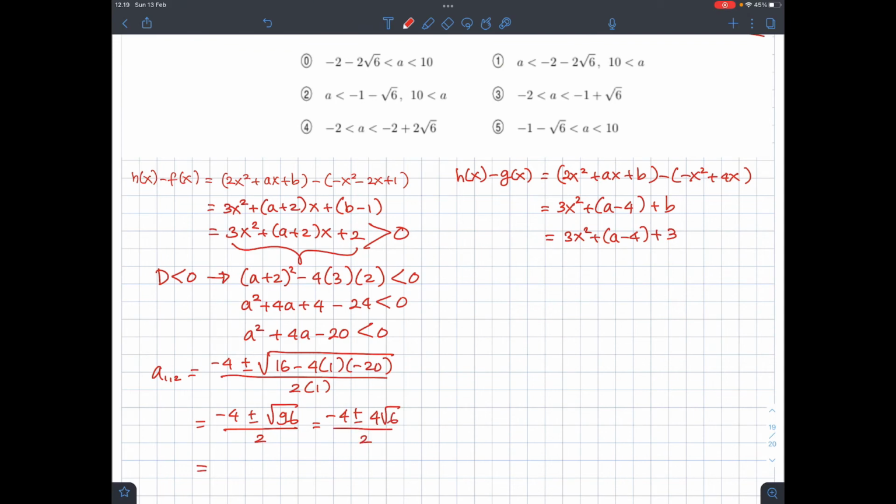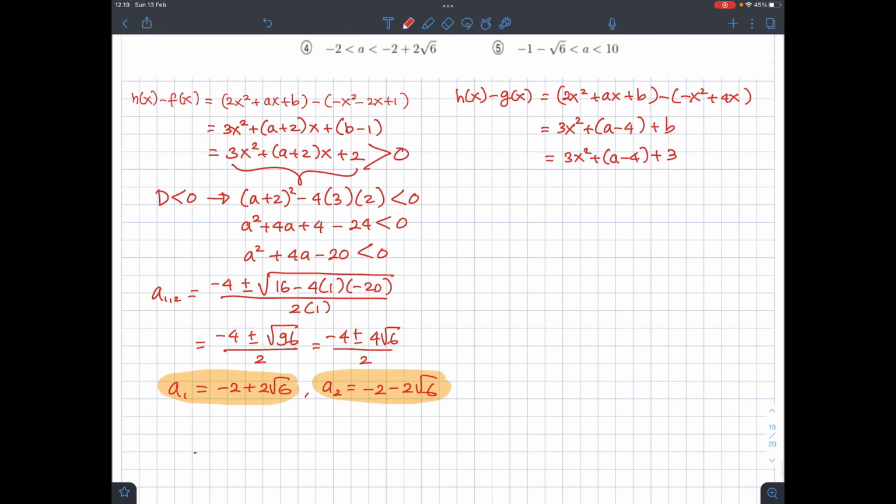Then you just simplify. A1 becomes negative 2 plus 2 square root of 6, and A2 becomes negative 2 minus 2 square root of 6. Okay, we got the first two values of a.